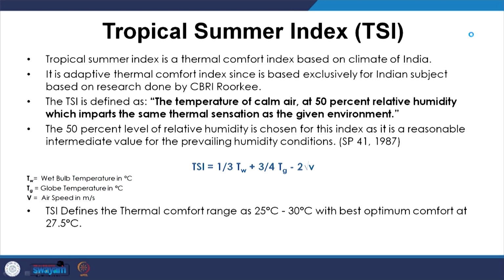It took into account the wet bulb temperature, the globe temperature and air speed. So, we are taking into account the radiation, the dry bulb temperature, humidity and air speed. So, all 4 environmental parameters were taken into account, and the subjects were tropical subjects.